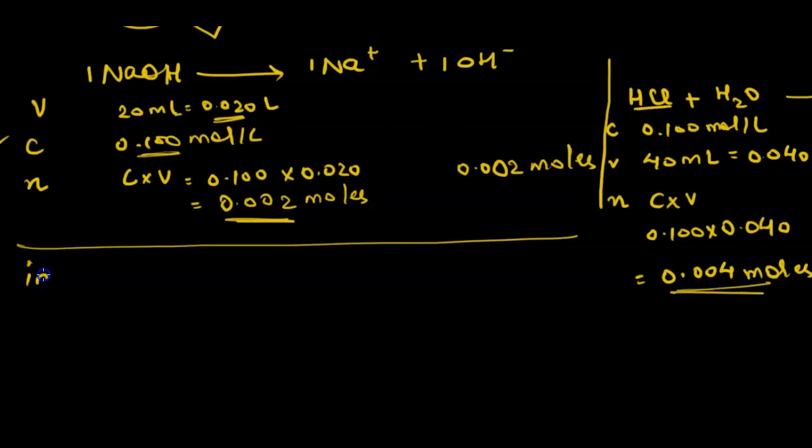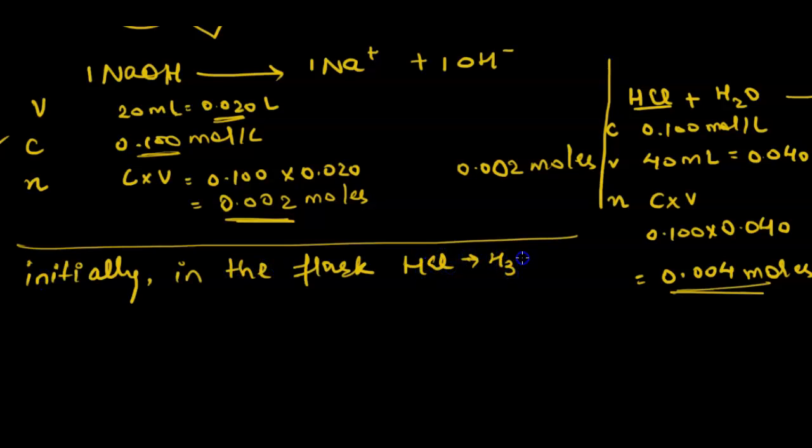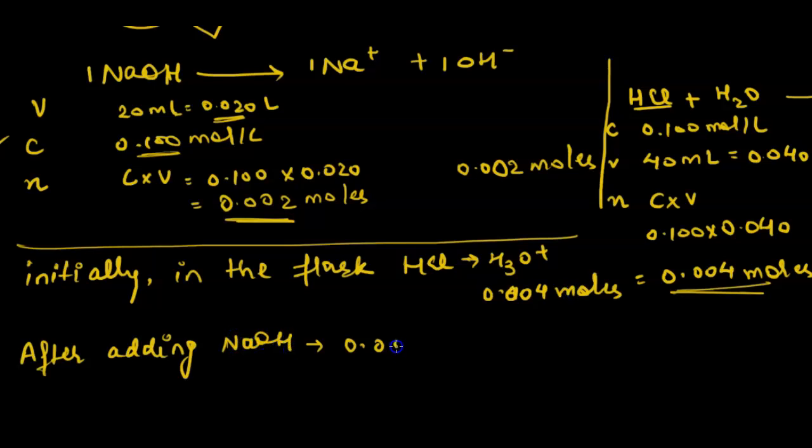So initially in the flask, we have only HCl that gives us H3O positive ions, which are equal to 0.004 moles. After adding NaOH, 0.002 moles of OH negative are released in the flask.